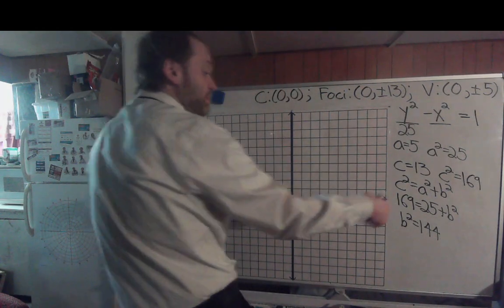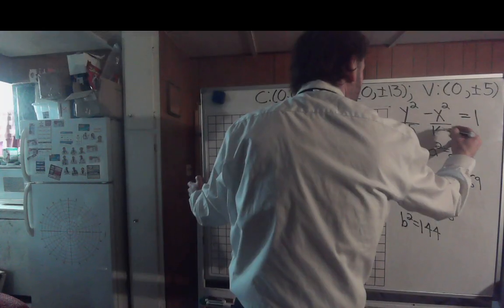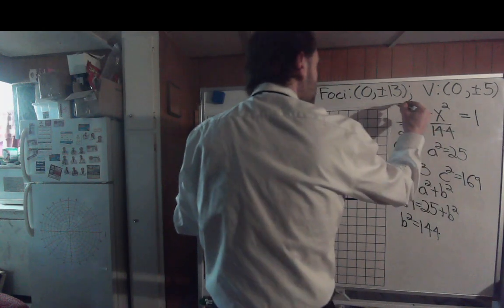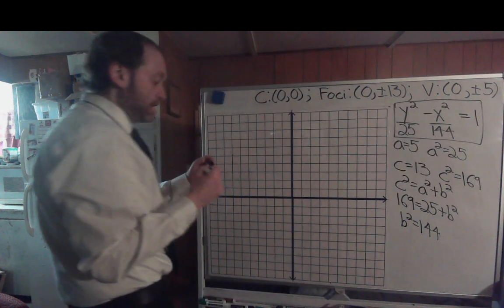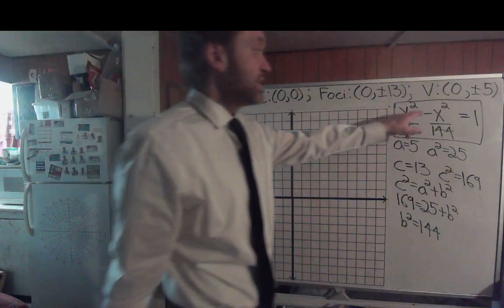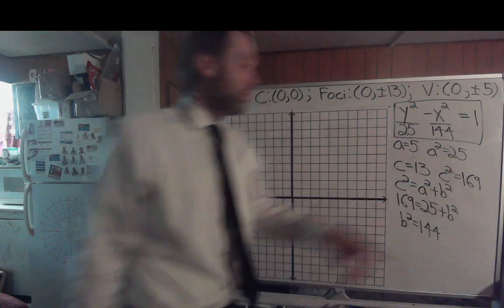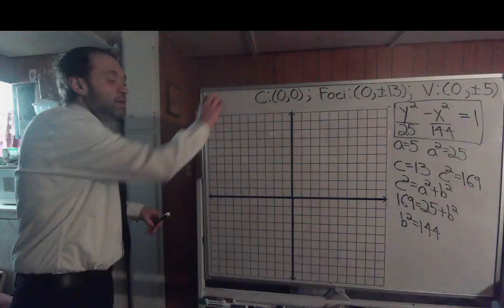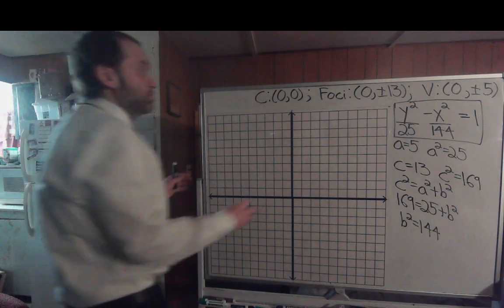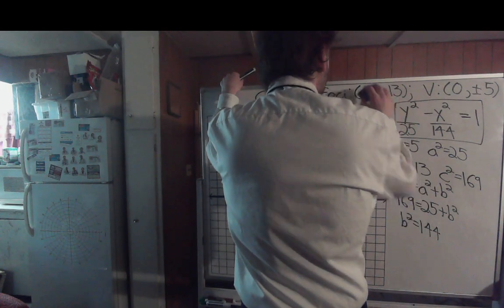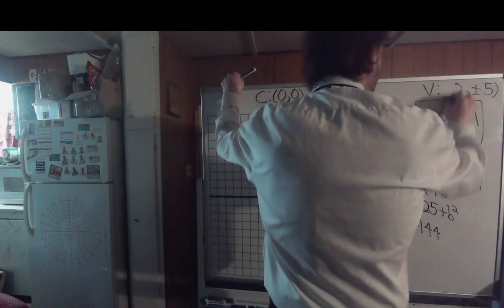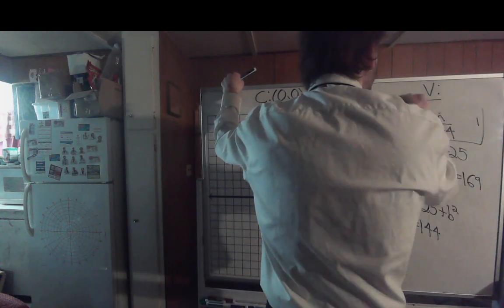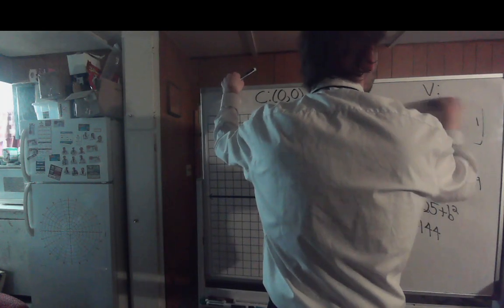So the b squared's 144. So the equation you should get would end up being y squared over 25 minus x squared over 144 equals 1. So that wasn't so bad. In fact, for all the examples today, good news is they're just going to have foci and vertices. So that's not too terrible.